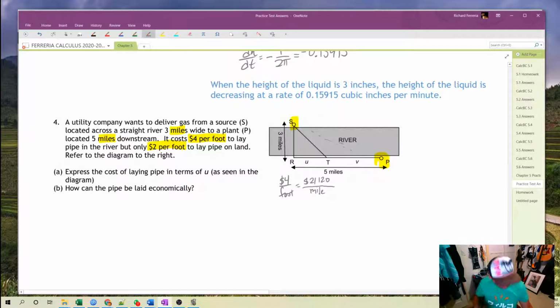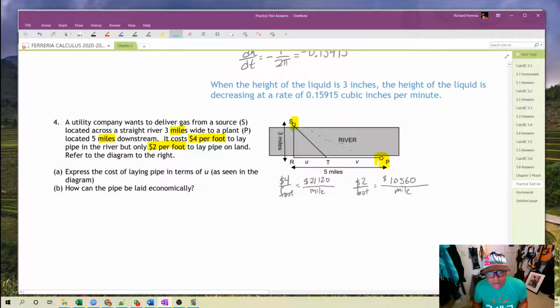Wow, that's kind of expensive. Which means $2 a foot is going to be equal to, well, I guess I just have to divide by 2. So $10,560 per mile. Okay, everything is now in terms of miles, so we're ready to do this.